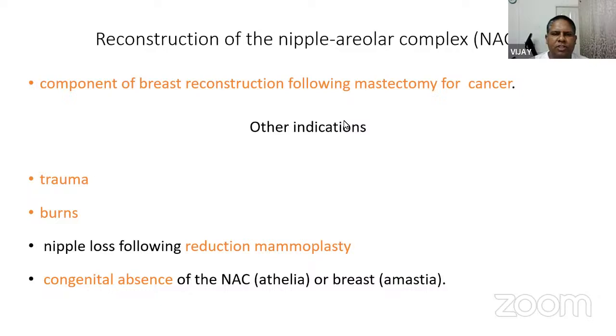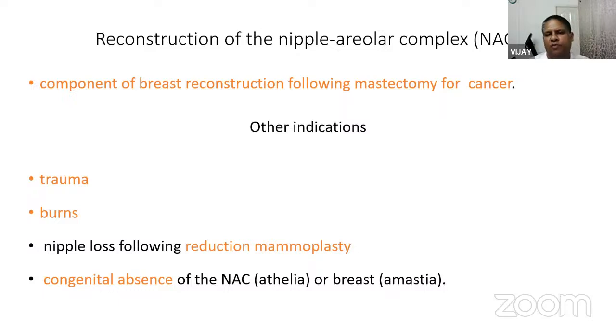Other indications are trauma, burns with destruction of the nipple areolar complex, and nipple loss following reduction mammoplasty. What we mean is that when we do a reduction mammoplasty, we take the nipple areolar complex as a flap based on an inferior pedicle or a superior pedicle, and we shift it to some other place.